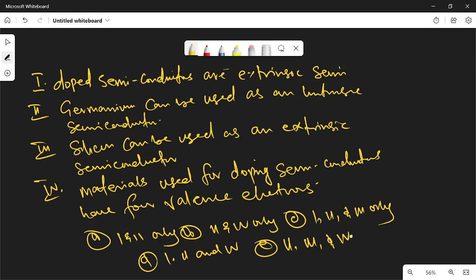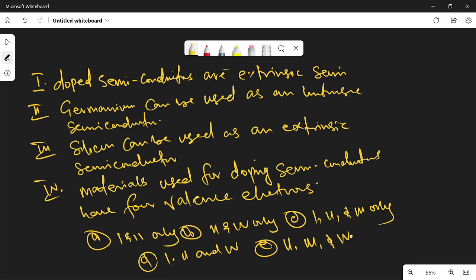So which one is the right answer there? The question states, which of the following statements are true about semiconductors? Roman figure 1, doped semiconductors are extrinsic semiconductors. Do you all agree? Yes, sir.